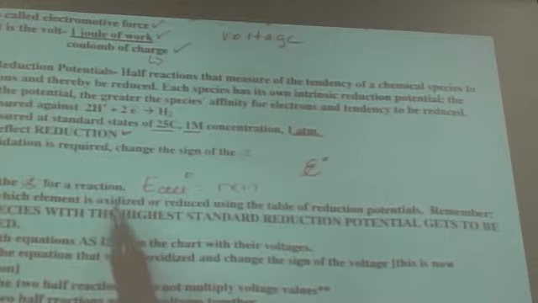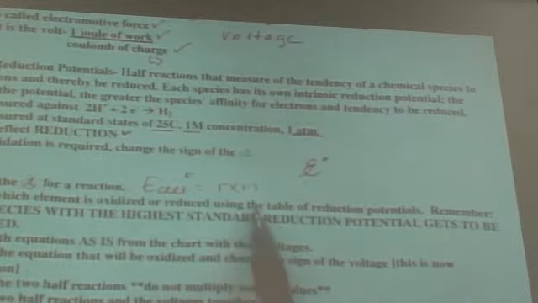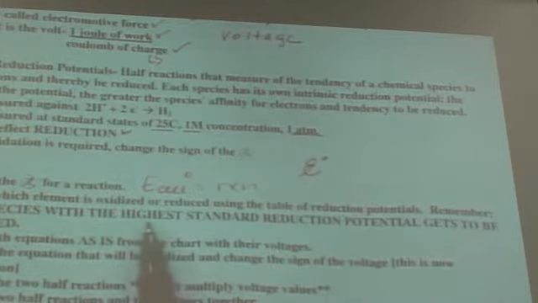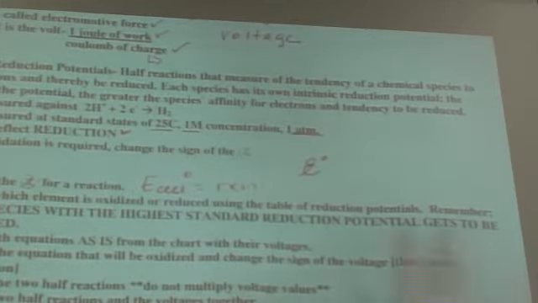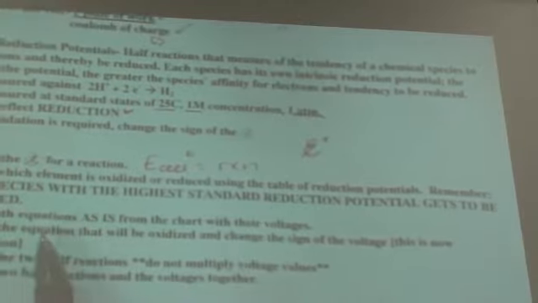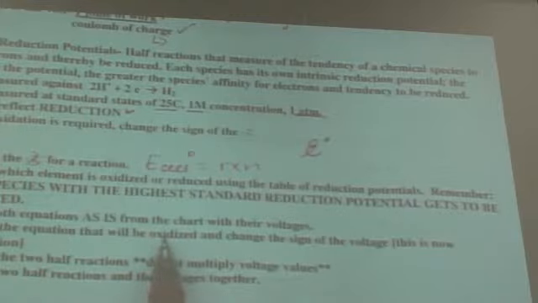So you have to decide which element is oxidized or reduced using the standard reduction potential table. Remember, the species with the highest standard reduction potential gets to be reduced. Write both equations as is from the chart with their voltages. Reverse the equation that will be oxidized and change the sign of the voltage. This is now the oxidation potential.